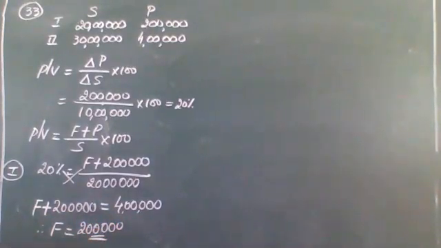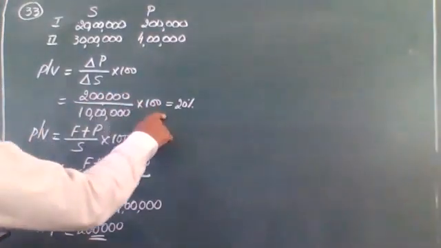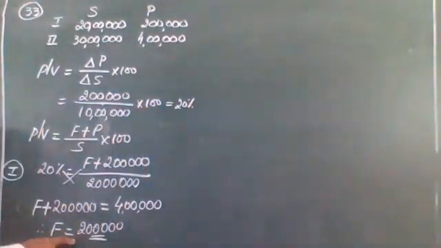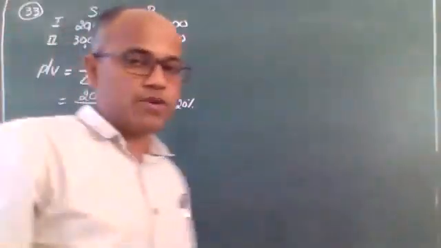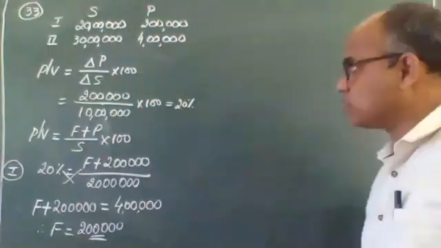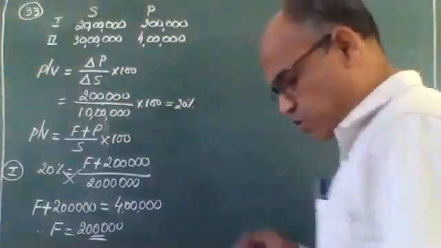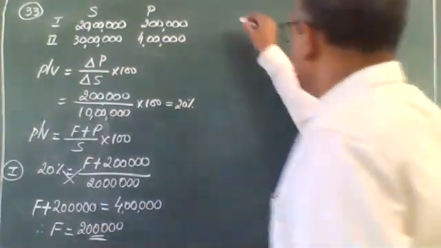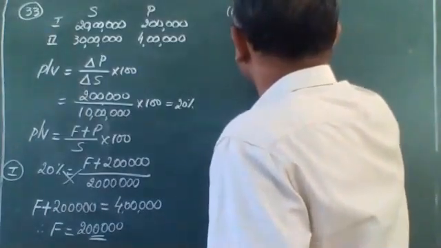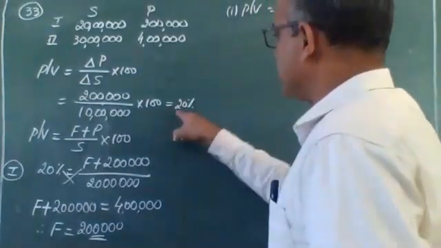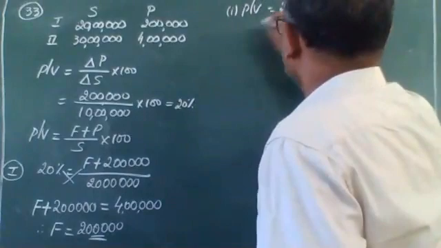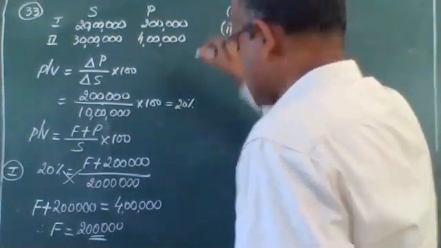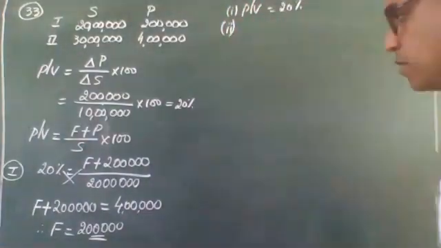Alright. Now once you have the PV ratio and the fixed cost with you, you just have to apply the formula and find out the rest of the information. What is the first bit he is asking? The first bit is PV ratio. I calculated it as 20%. The second bit he is asking is break-even point.